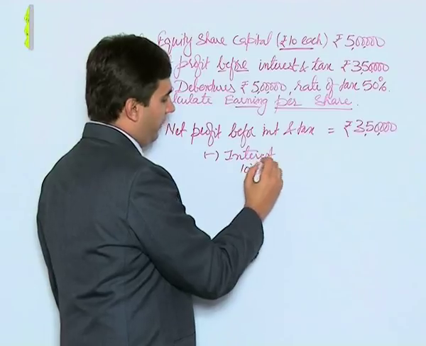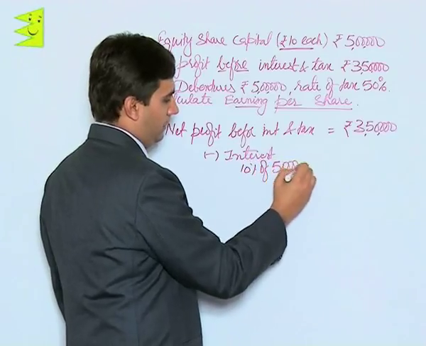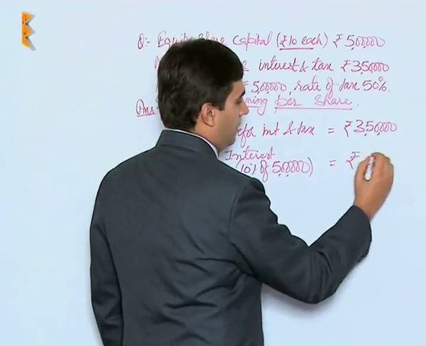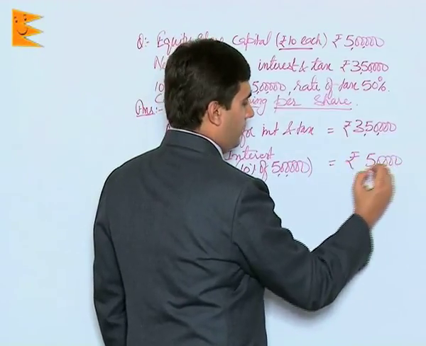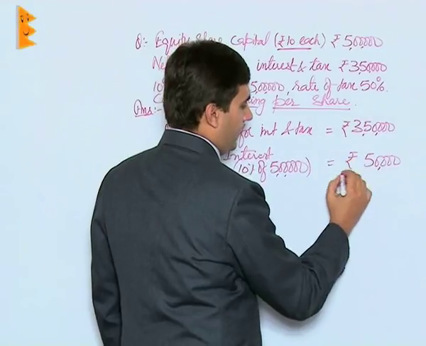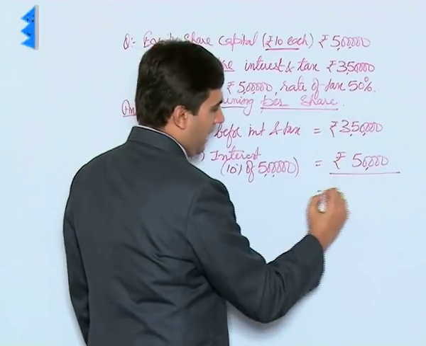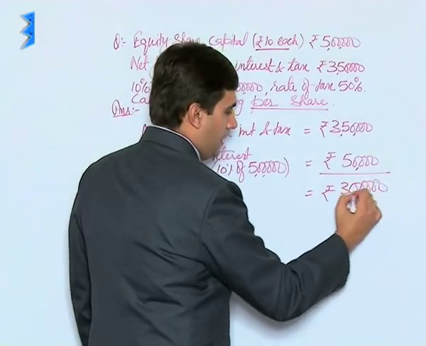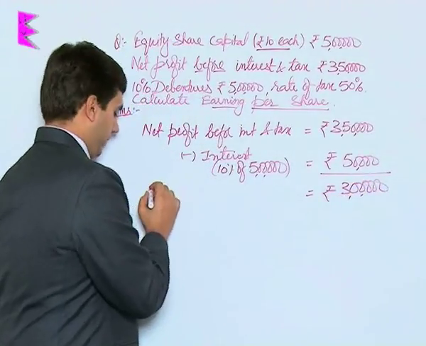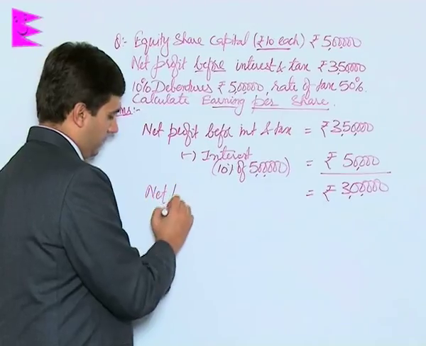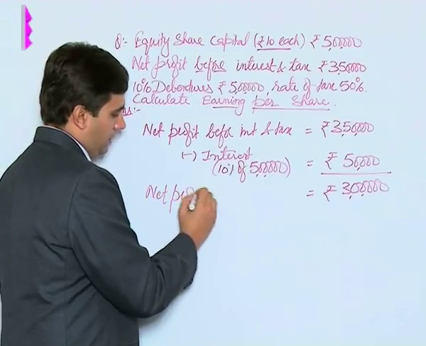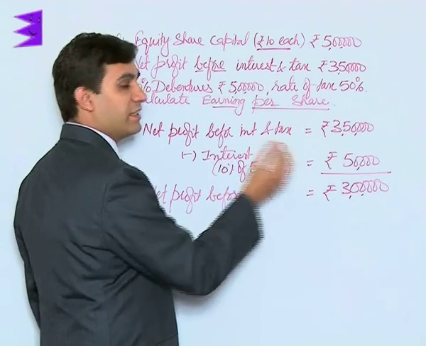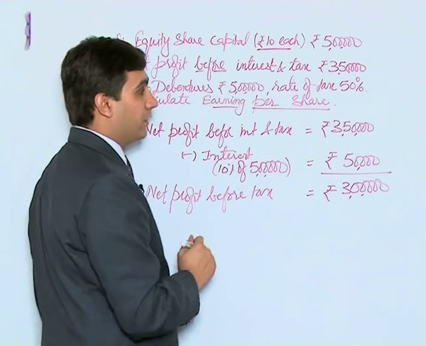So 10% of 5 lakh, which comes to rupees 50,000. So the balance is 3 lakh and we'll call it net profit before tax. Why before tax? Because interest has now been deducted from it.